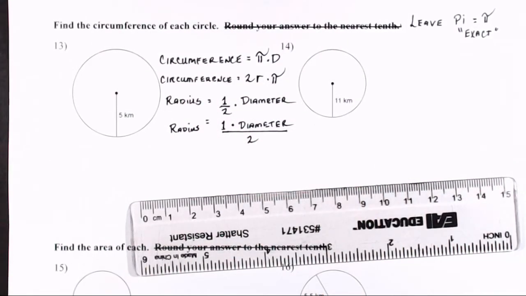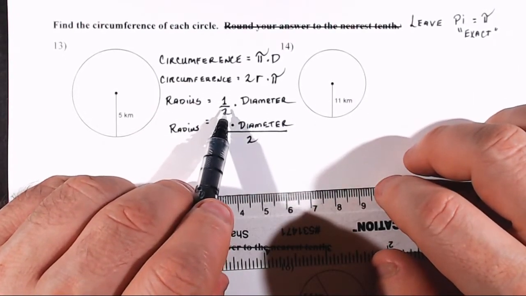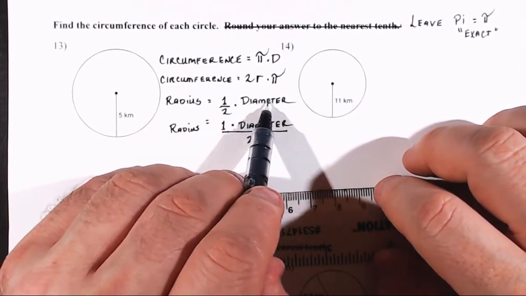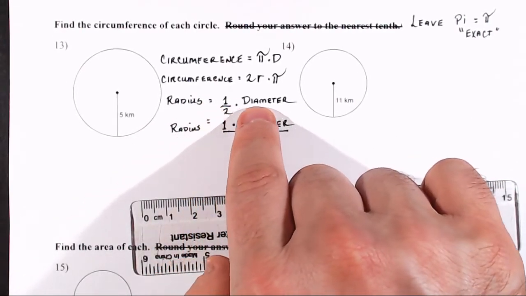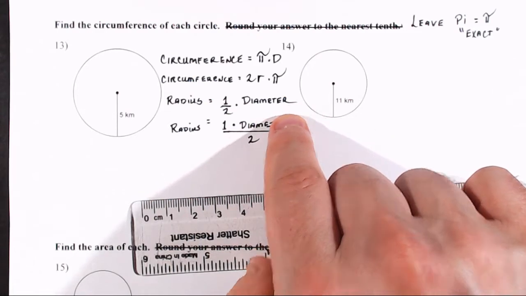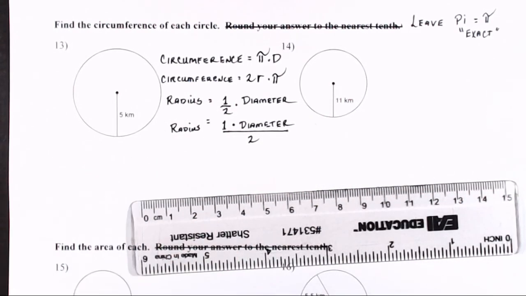If that wasn't obvious, it's because I'm multiplying the fraction 1/2 times this whole number diameter, and so the fraction bar just extends out underneath the word diameter. So 1/2 times the diameter is equal to 1 times the diameter over 2.